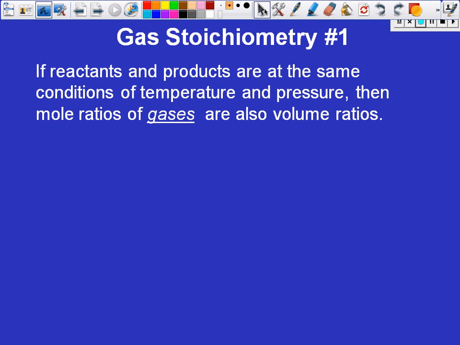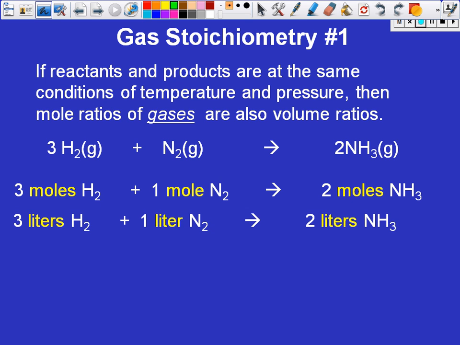So what do I mean? What I mean is if I have a balanced equation, and hopefully you recognize this, this is the Haber-Bosch process. Remember how we talked about the production of ammonia gas is the Haber-Bosch? So we have 3 moles of H2, and where did the 3 come from? It's the coefficient. 1 mole of N2, from the coefficient, and 2 moles of NH3, and that came from the coefficient.